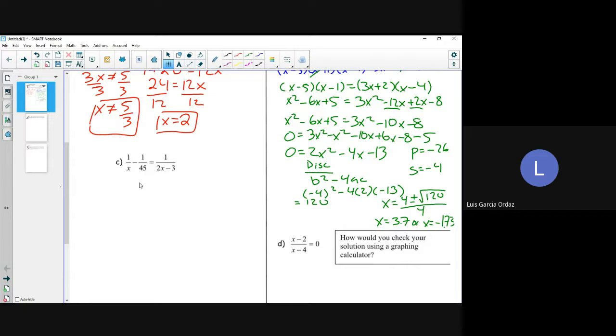Yeah. So you can write this two ways. You can write it the lazy way with the decimals. So you can write it as 0 is equal to x minus 3.7 times x plus 1.73.